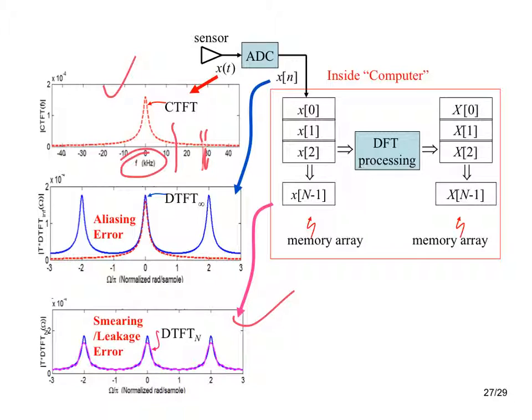So remember, FS over 2 is the folding spot. So all of this stuff ends up folding back in to create aliasing, and we're seeing the effect of that aliasing. And now we're seeing the effect of the smearing. We're seeing a broadened main lobe, and we're seeing ripples. So a broadened spike due to the main lobe smearing, and we're seeing ripples elsewhere due to side lobe smearing or side lobe interference.